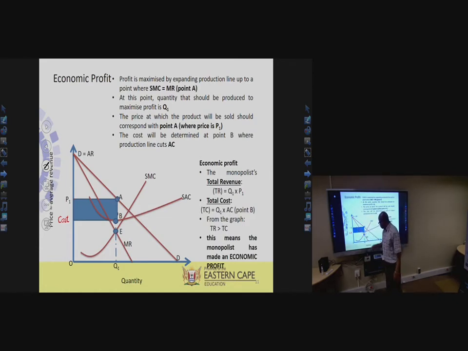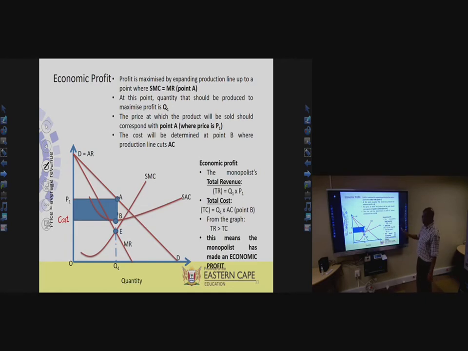As you can see, we are cutting that AC at point B, and at point B it corresponds with the cost. Therefore, our costs are below P. Then the revenue, P times Q, that is your total revenue, is more than the cost, because your cost will be this portion, which is cost times the quantity.